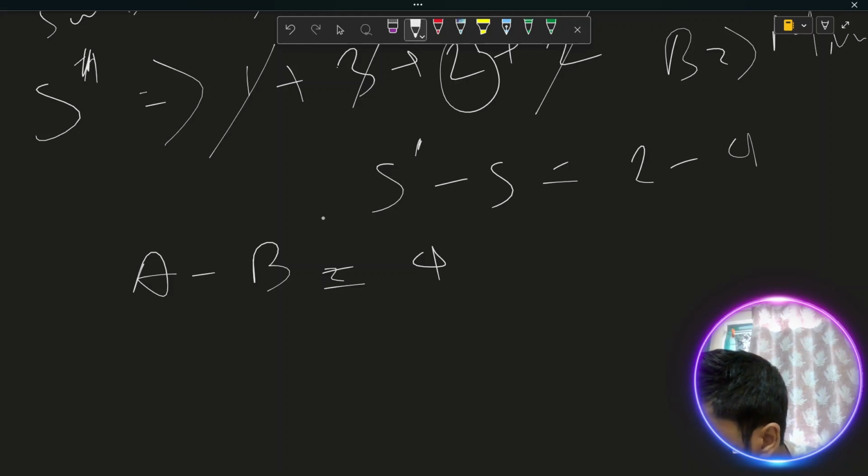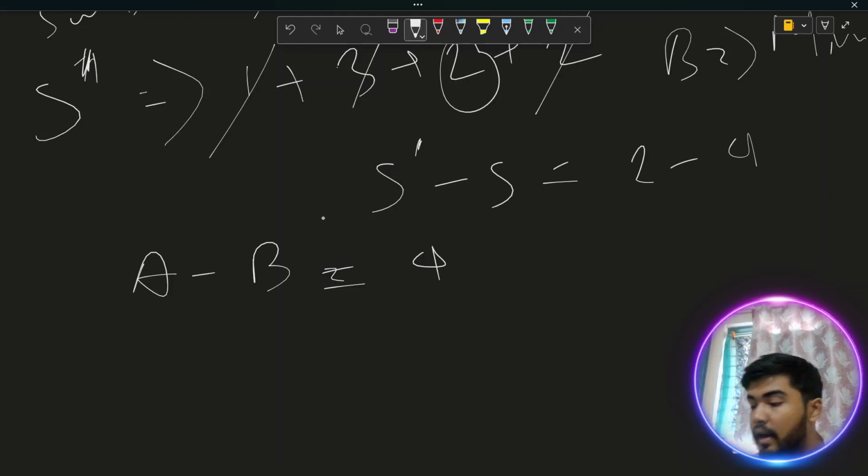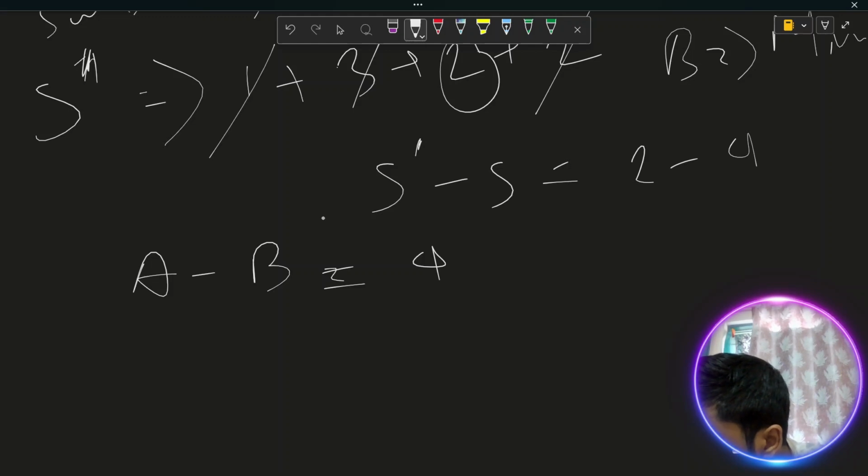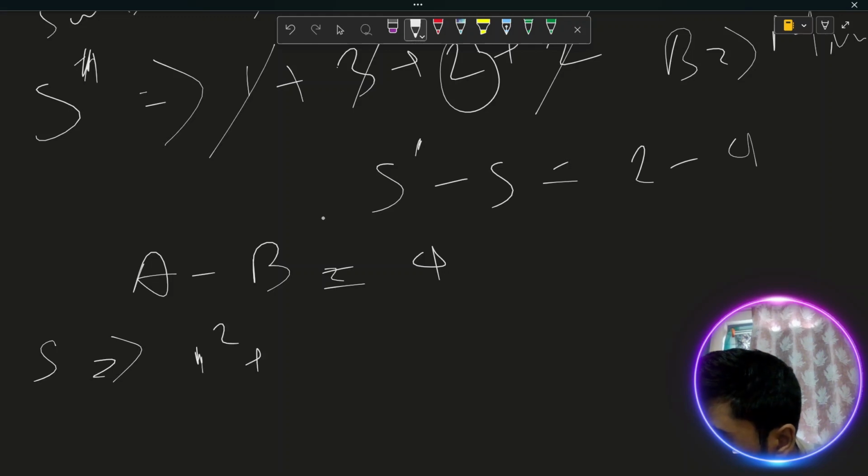And if I do the same for squares, consider s as 1 square plus 2 square plus 3 square plus 4 square.